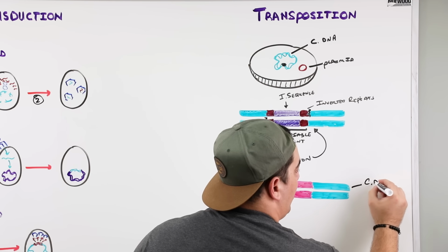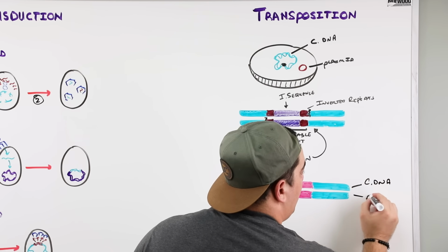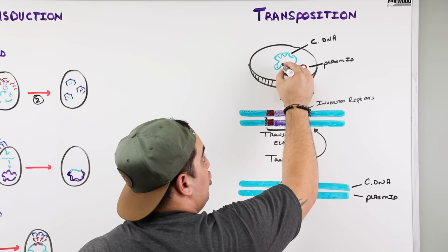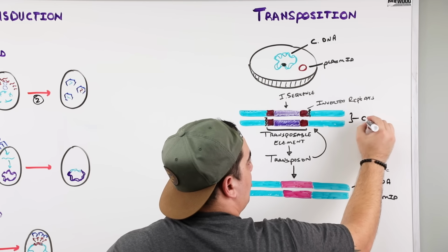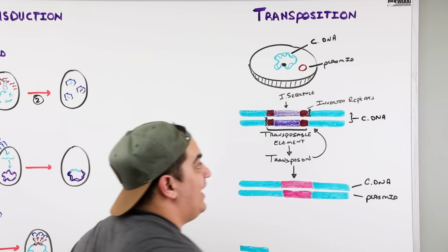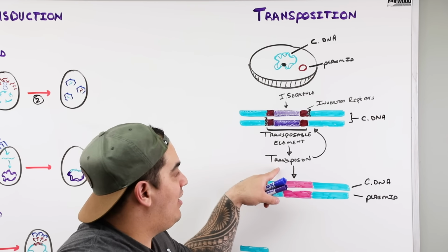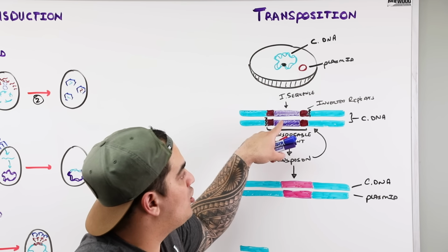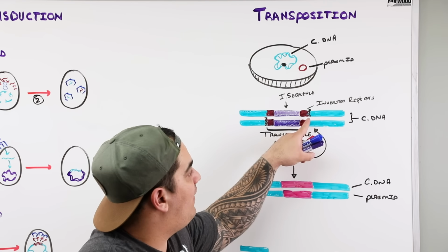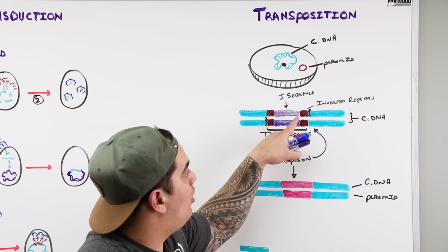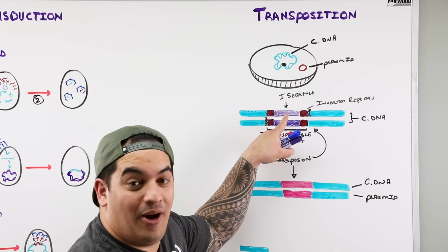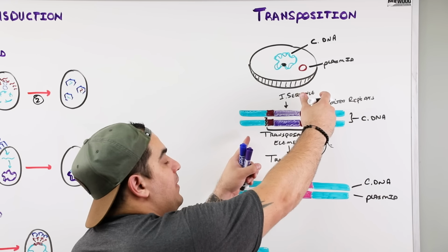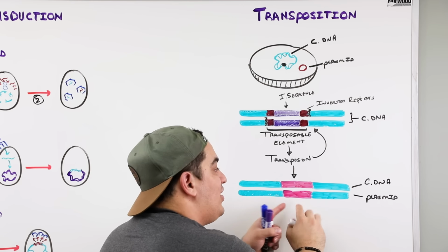It could be still a part of that chromosomal DNA, or it could be a part of the plasmid DNA. Okay, this one we're just particularly zooming in on is just from the chromosomal DNA. But again, this enzyme is a protein made from the transposable element on the chromosomal DNA. It then identifies the actual transposable element that it was made from, makes nicks on the side of the inverted repeats on opposite ends. Then it identifies a target sequence.